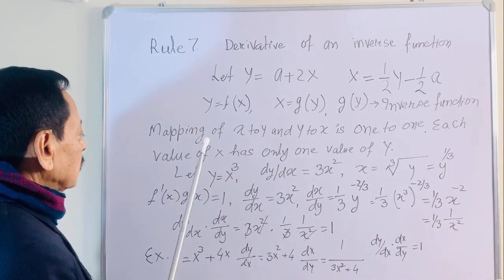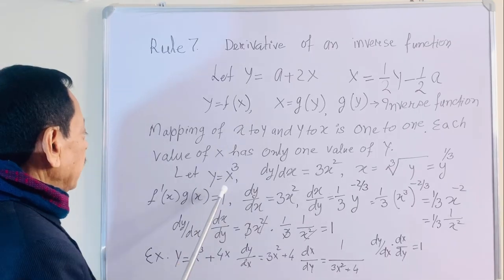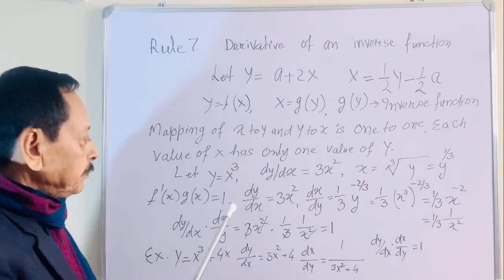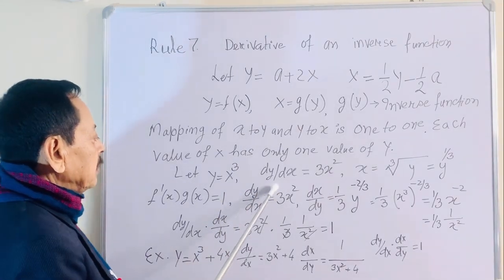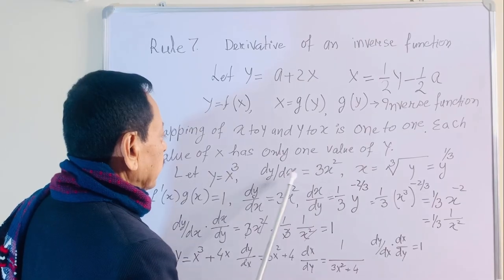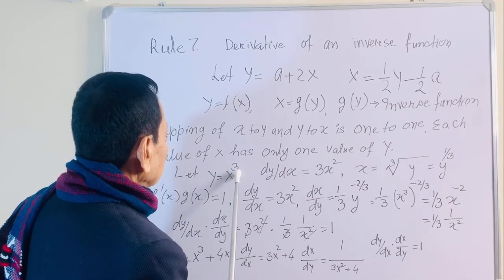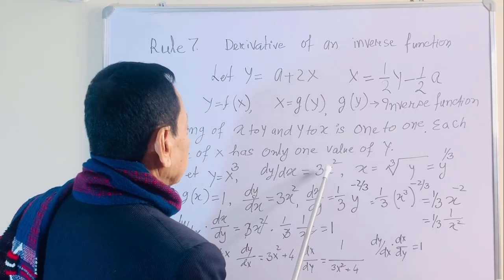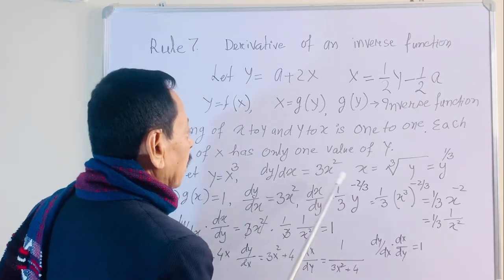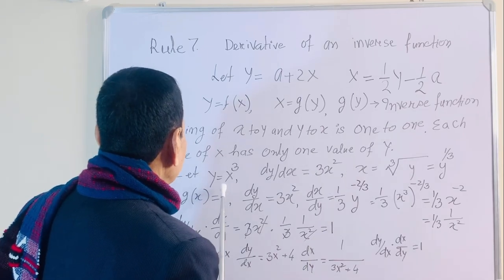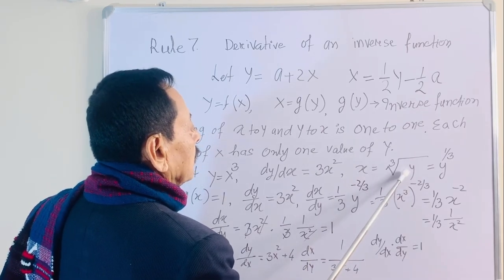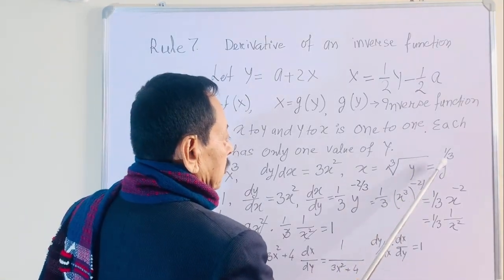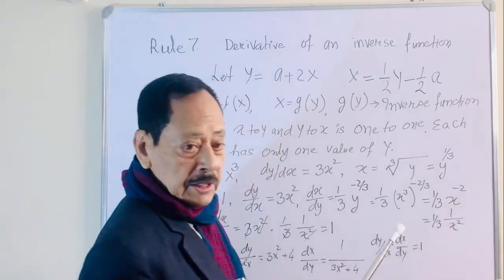Suppose the function is defined, y is a function of x, and the form is y is equal to x cubed. So the first derivative, dy by dx, is equal to 3x squared: power into the variable to the power minus 1. Now what will be x from here? It is the cube root of y, and we can write y to the power 1 by 3.